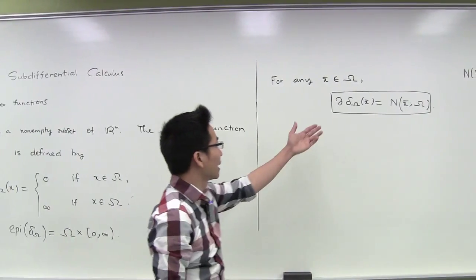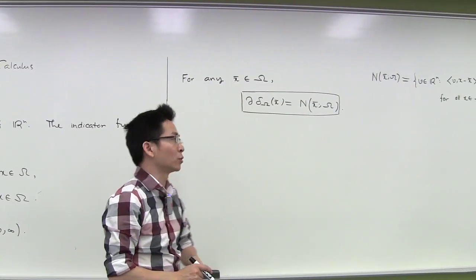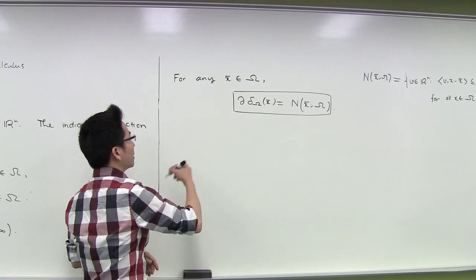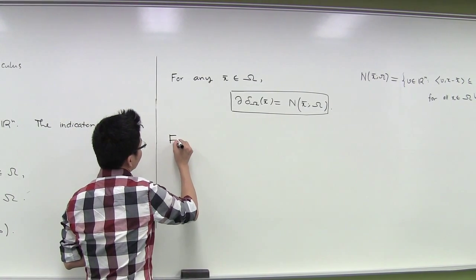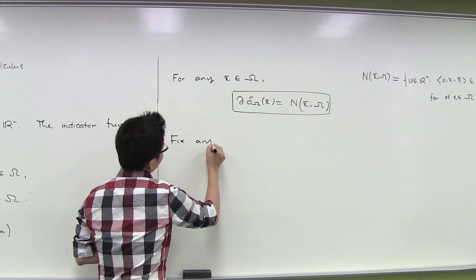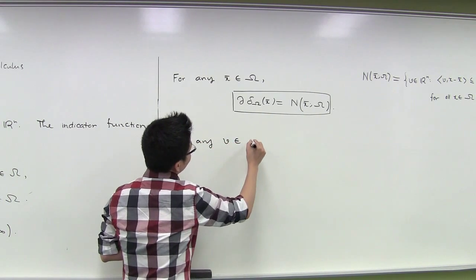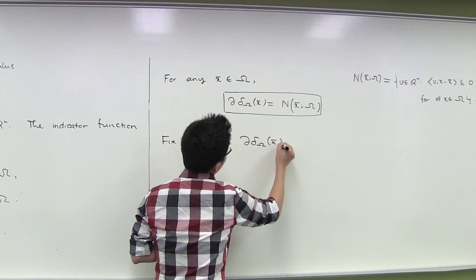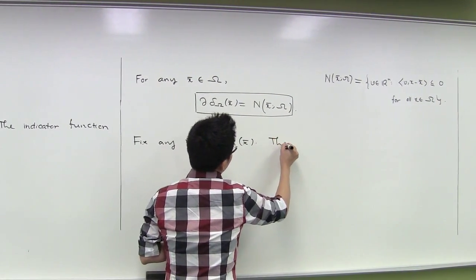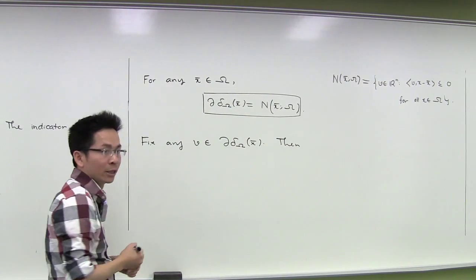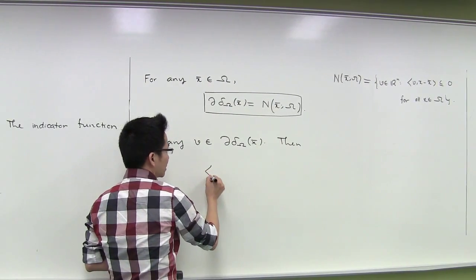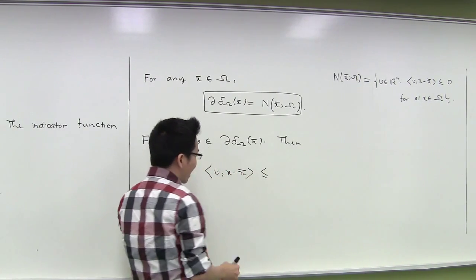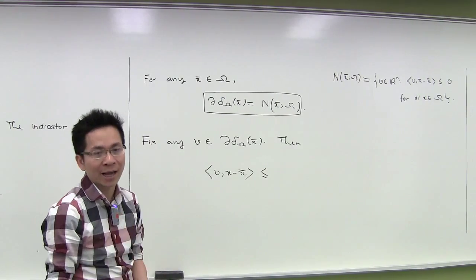Now, let me go ahead and prove that this is true by the same procedure developed earlier. I'm going to fix any v in the subdifferential of the indicator function at x bar. Then, by the definition, we have the following. The inner product of v and x minus x bar is less than or equal to f of x minus f of x bar for all x in Rn.